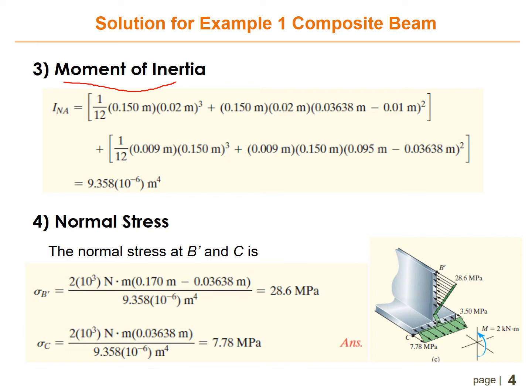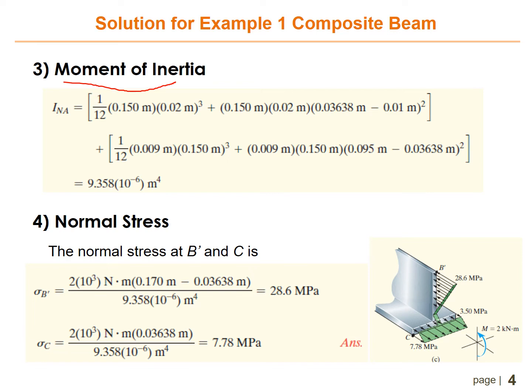So the moment of inertia about the natural axis is therefore I_NA equals 1 over 12 times 0.15 meter times 0.02 meter cubed, plus 0.15 meter times 0.02 meter times (0.03638 minus 0.01 meter) squared, plus 1 over 12 times 0.009 meter times 0.15 meter cubed, plus 0.009 meter times 0.15 meter times (0.095 meter minus 0.03638 meter) squared.